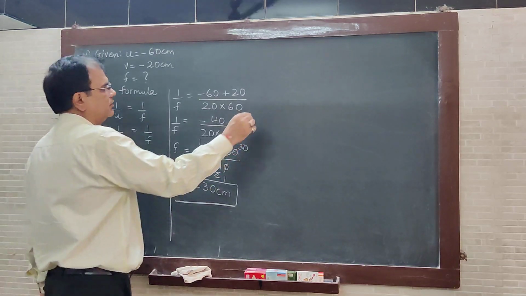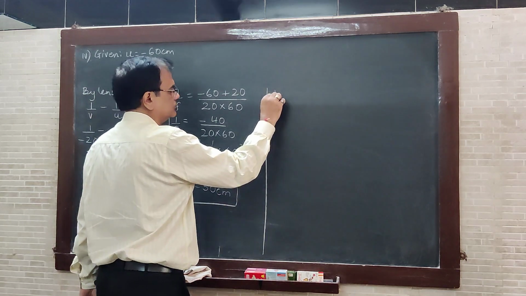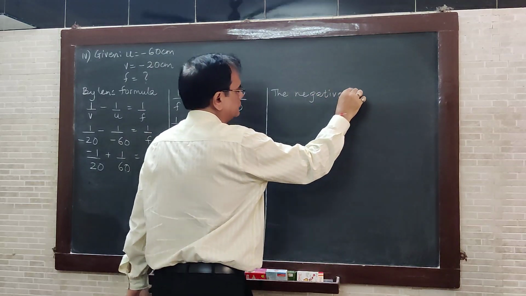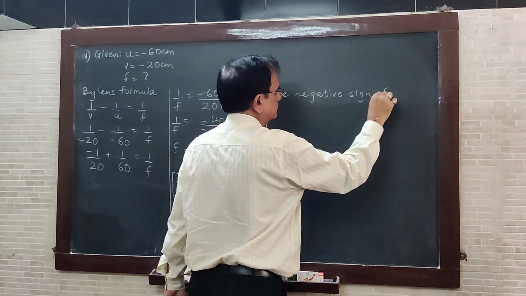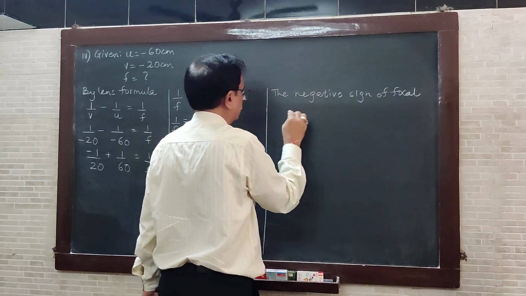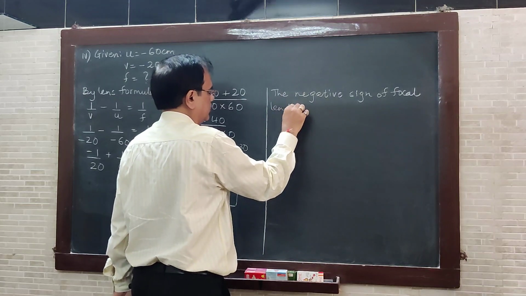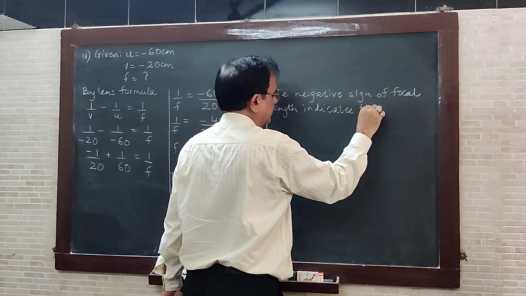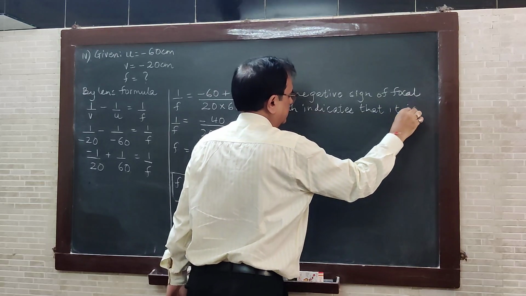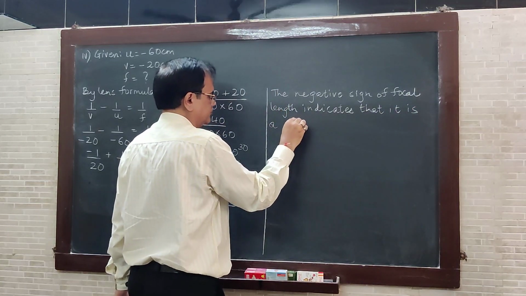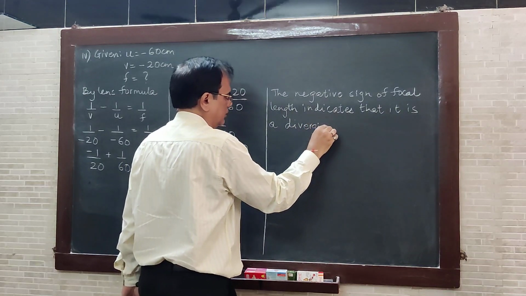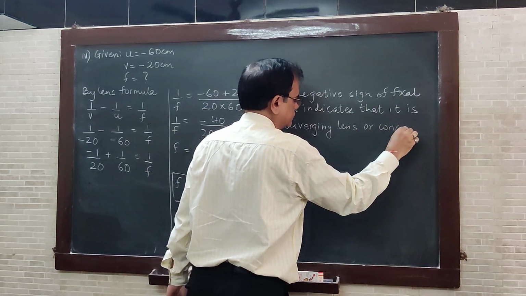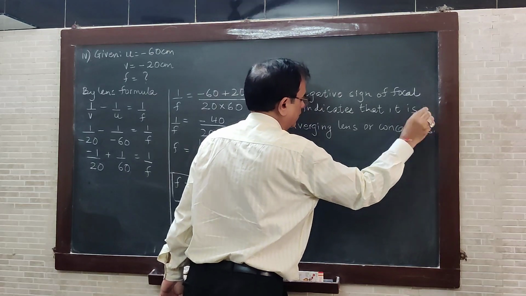So the negative sign of the focal length indicates that it is a diverging lens or concave lens.